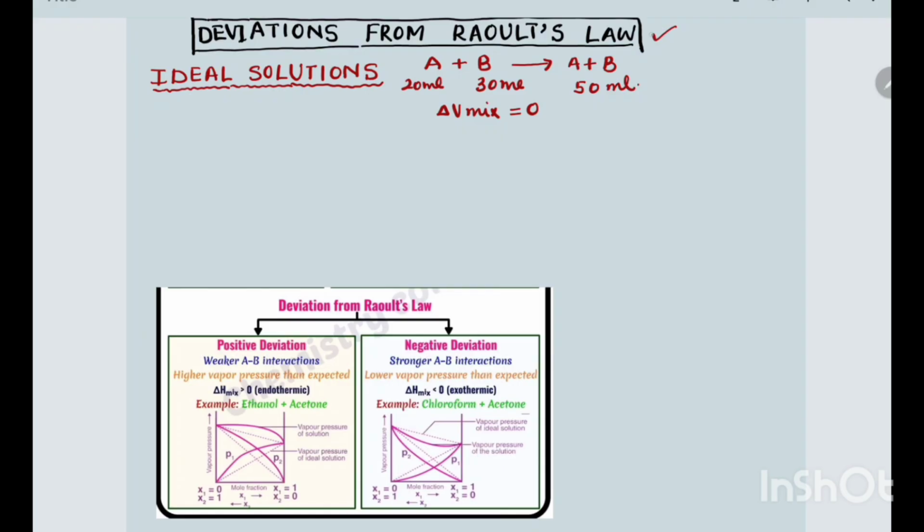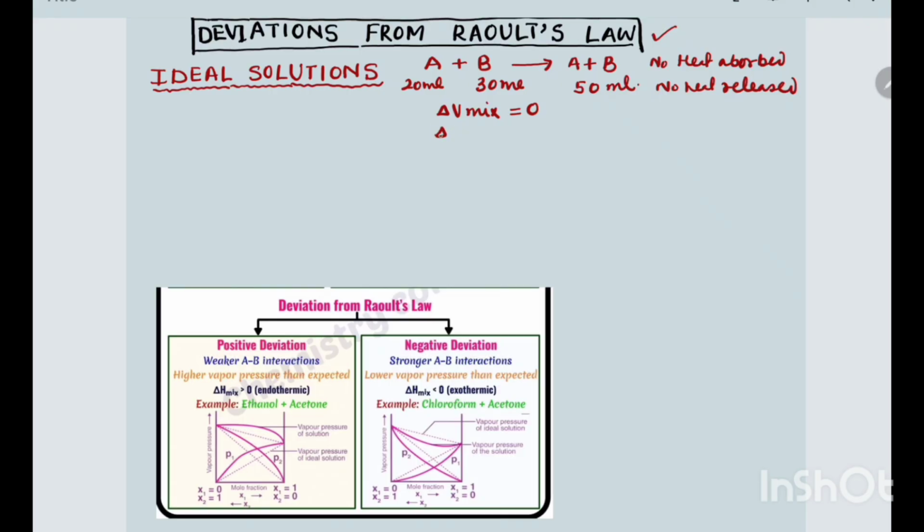At the same time, we also observe that no heat is absorbed and no heat is released during the mixing of the components.